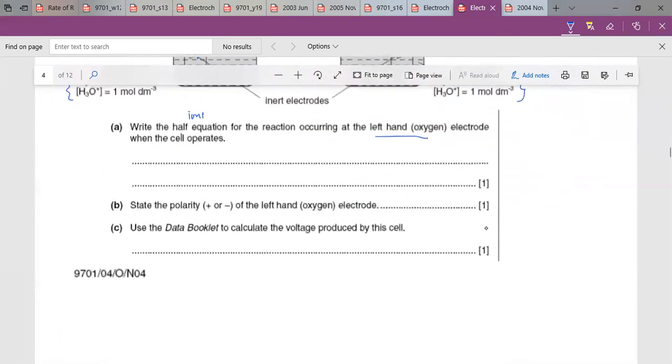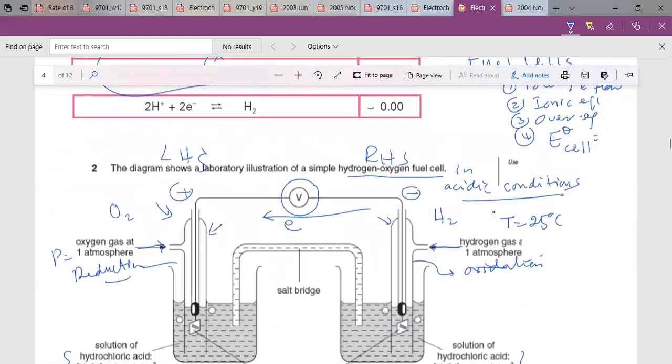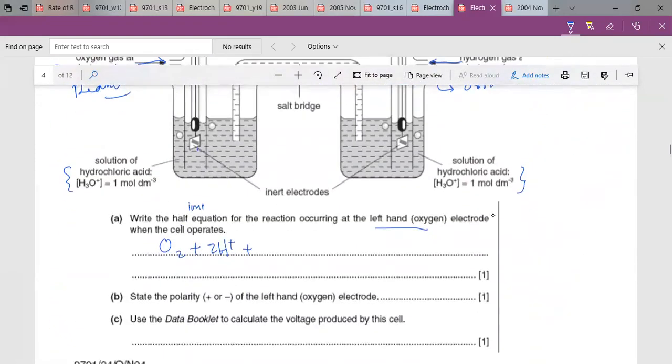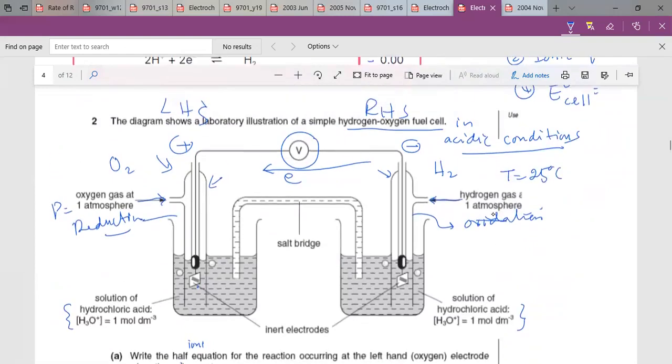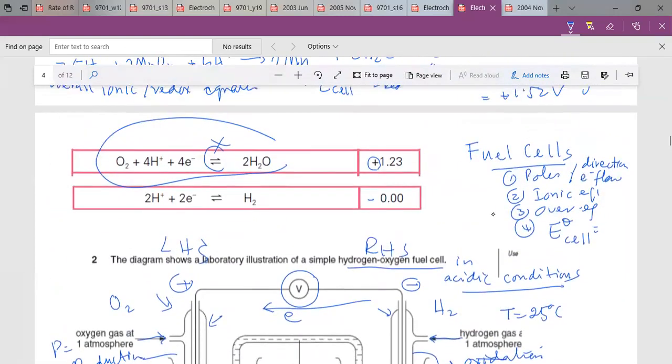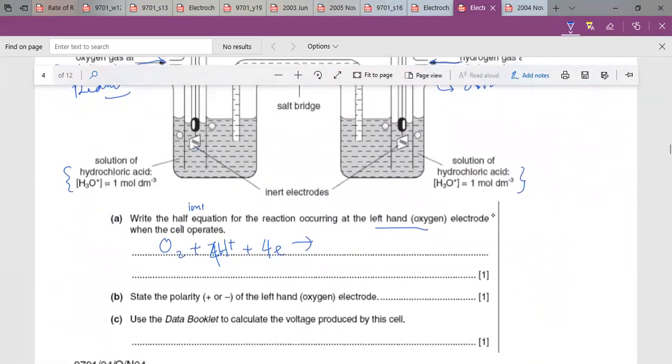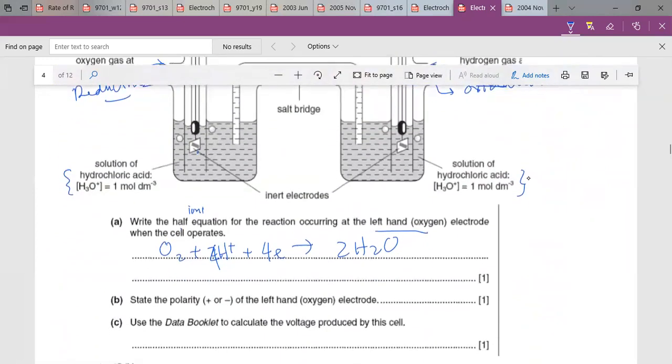So O2 plus 4H plus plus 4 electrons, in one direction, to give you 2H2O. Balanced. Fantastic, 4 hydrogens balanced. State the polarity of the left hand side. So simple, child's play. Positive.